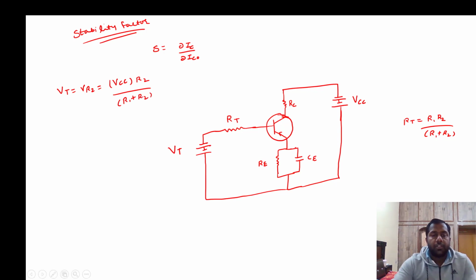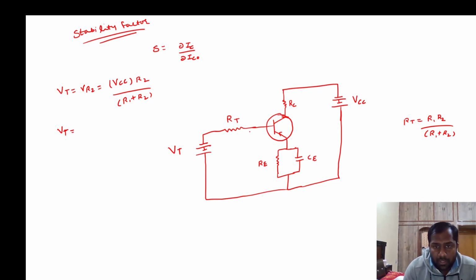Clear? So now we will just solve this circuit, and we will check what is the meaning for the stability factor. So this VT is what we are looking for, the Thevenin voltage. So this is equivalent to the potential across this RT plus the potential across the resistance RE.